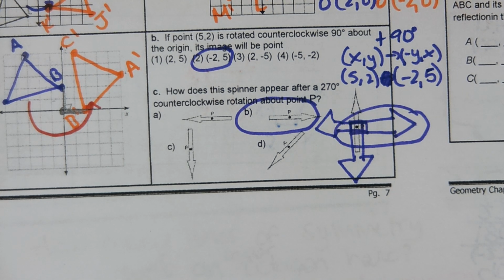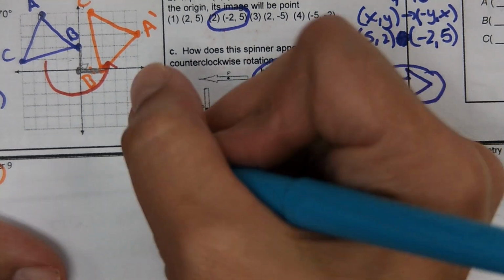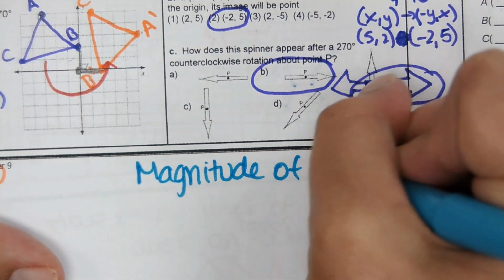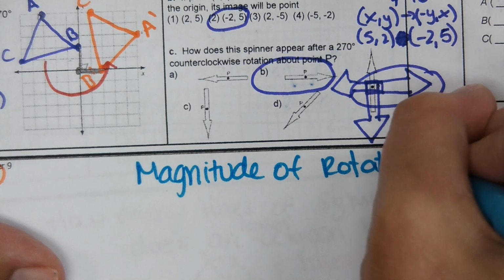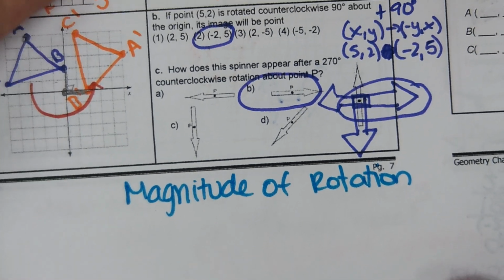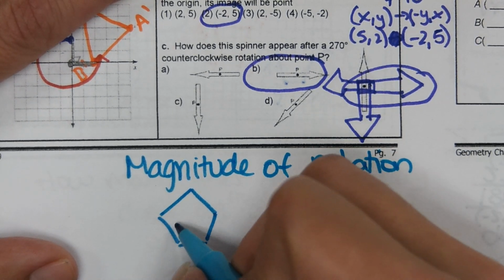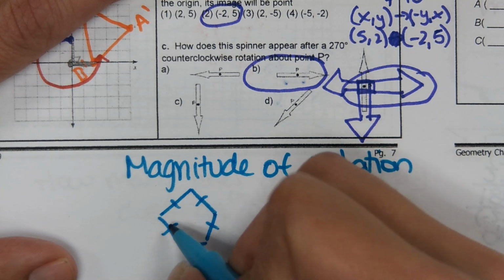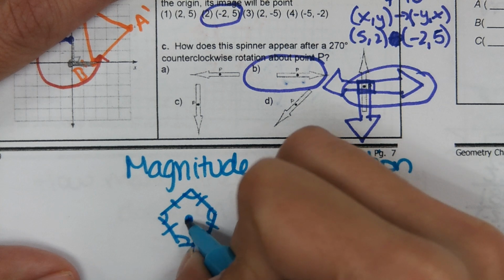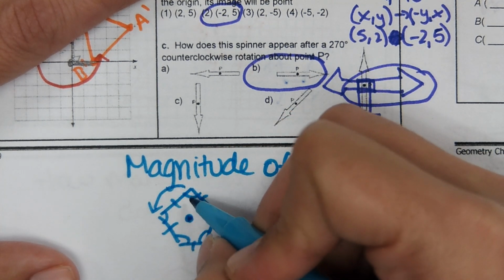Then one more thing that's in the answer bank is called magnitude of rotation. What this is asking is if you have a regular pentagon, where all the sides are the same length and all the angles are the same measure, like it's perfect, and you rotated it about the center of rotation, how many degrees would you need to rotate it to land on itself?